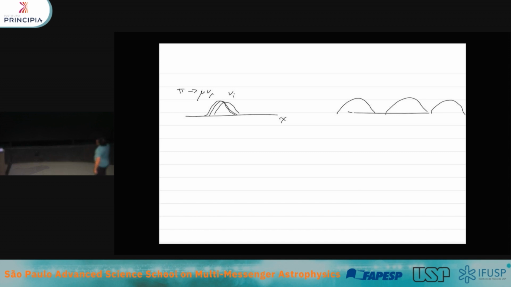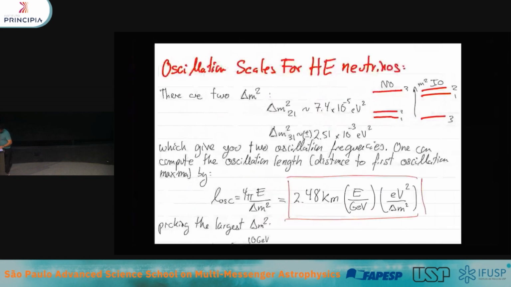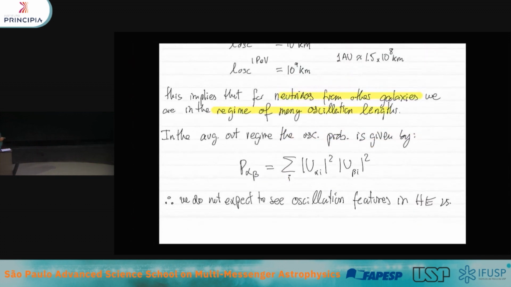And so another way you can interpret this formula here is that you are emitting an incoherent sum of neutrinos i, weighted by the initial flavor, and then you are detecting them in an incoherent way. So if you assume that neutrinos are totally decoherent, which is the scenario I just mentioned, you get the same relationship.